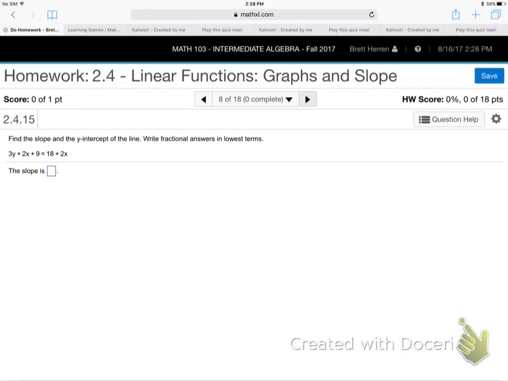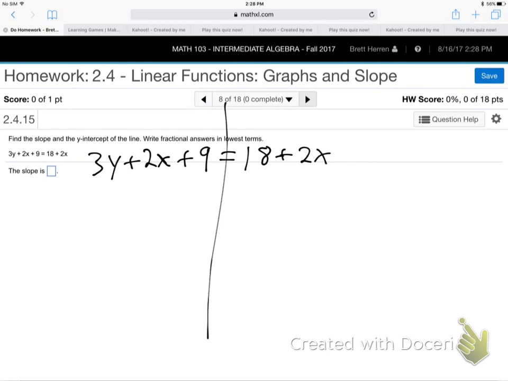So we have 3y plus 2x plus 9 equals 18 plus 2x. And there's the wall. So same kind of thing. Go ahead and do the steps. y is saying I want to be alone. So take the steps to get y alone.